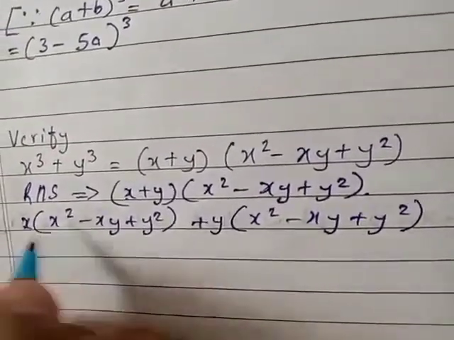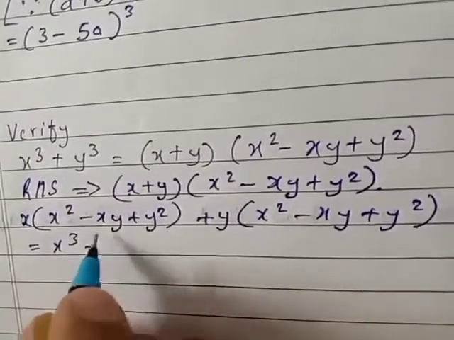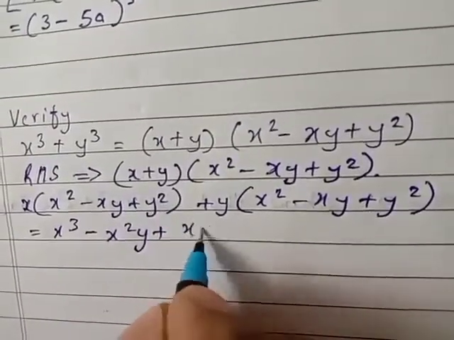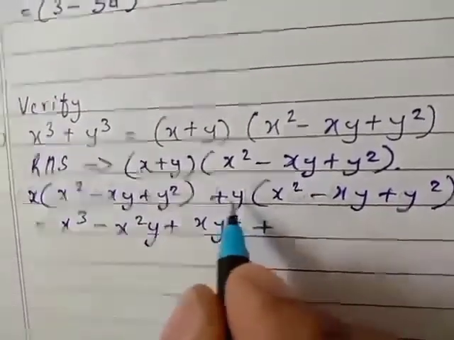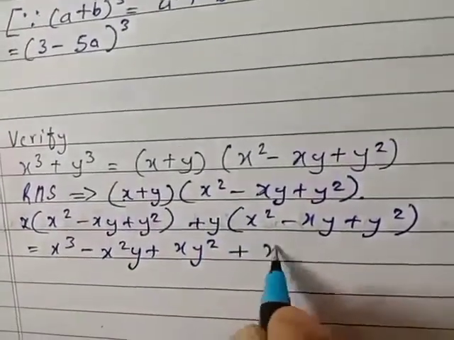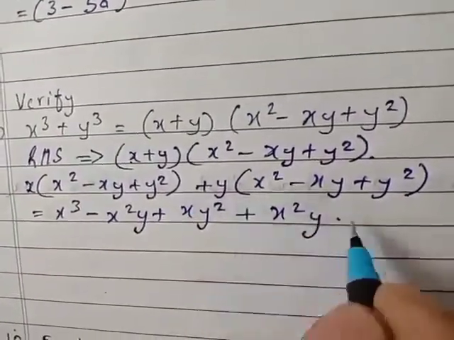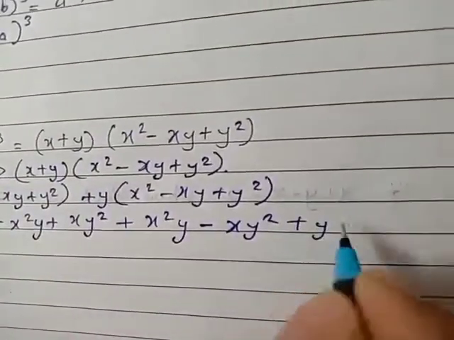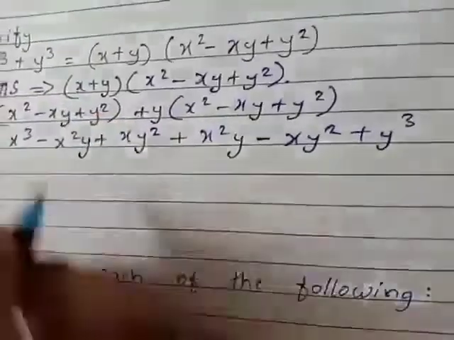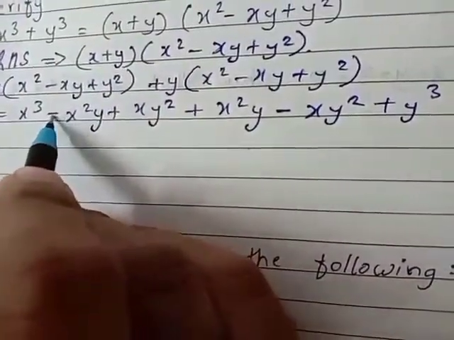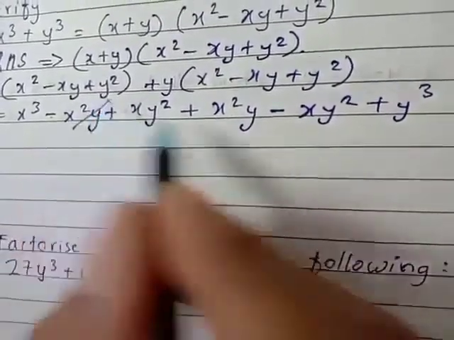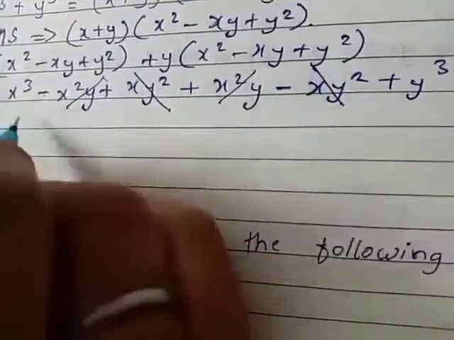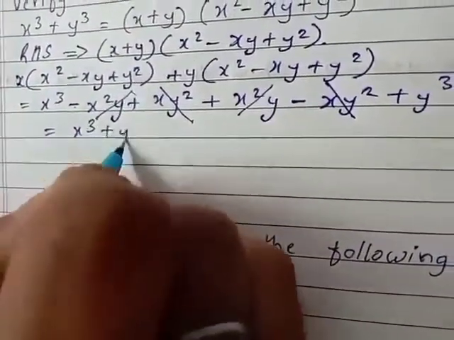Now x into x is x cube, minus x into xy is x square y, plus x into y square is xy square, plus x square into y is x square y, minus plus is minus xy square, and plus y cube. Now what will remain? See, this will get cancelled. This is minus x square y, this is plus x square y. This gets cut. This is plus xy square and minus xy square. It gets cut. So what remains is x cube plus y cube.